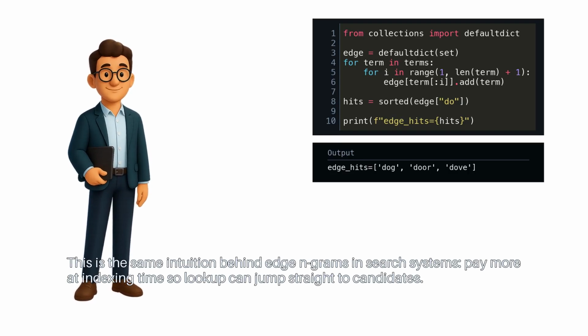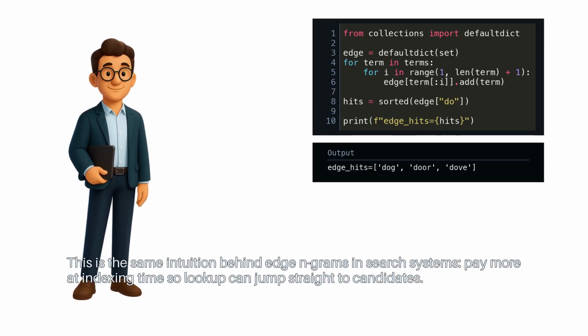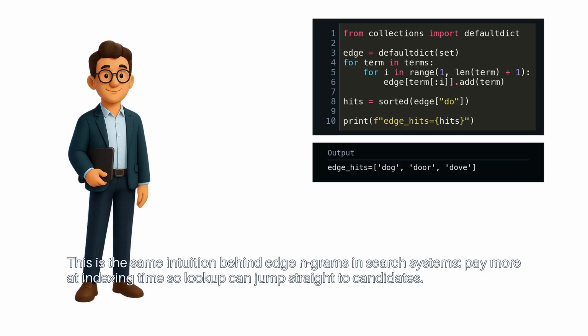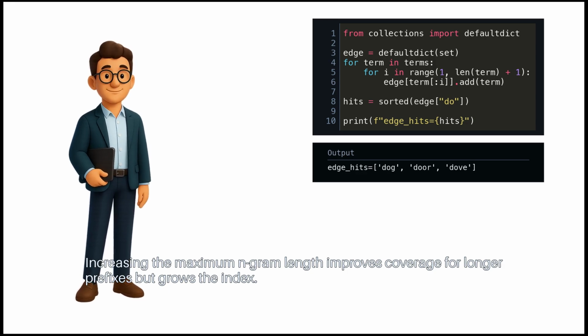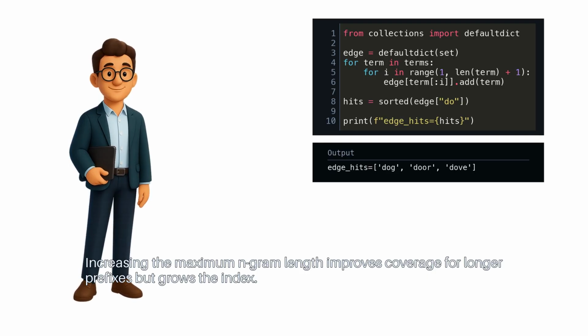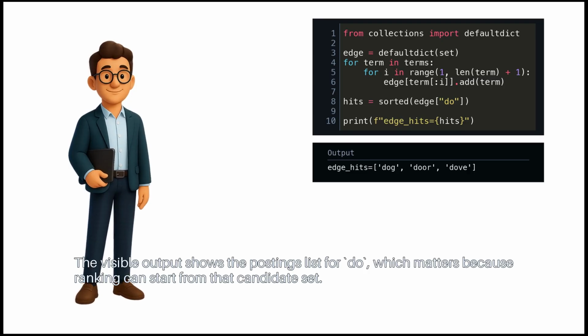This is the same intuition behind edge n-grams in search systems. Pay more at indexing time so lookup can jump straight to candidates. Increasing the maximum n-gram length improves coverage for longer prefixes, but grows the index. The visible output shows the postings list for "do", which matters because ranking can start from that candidate set.